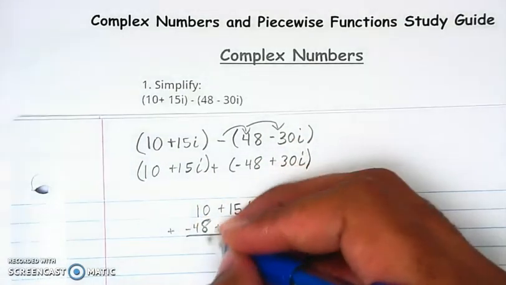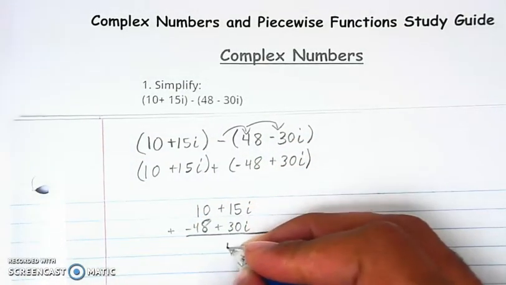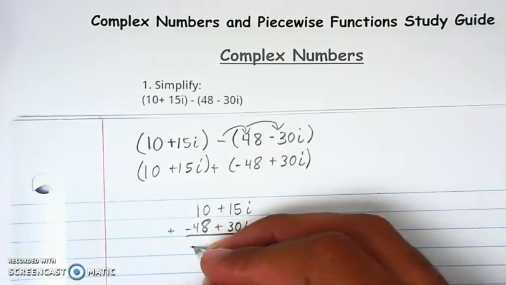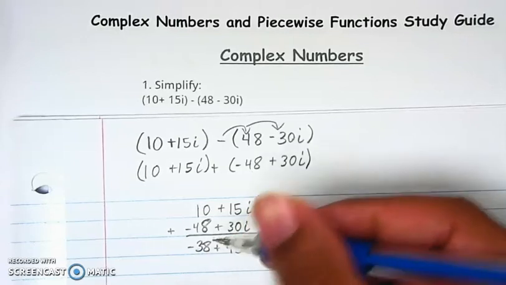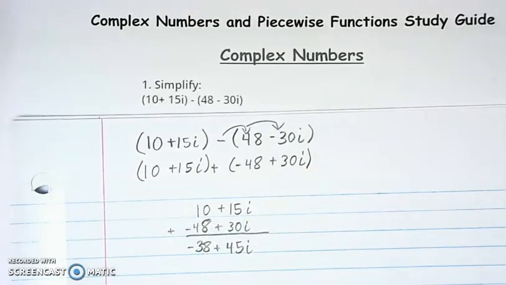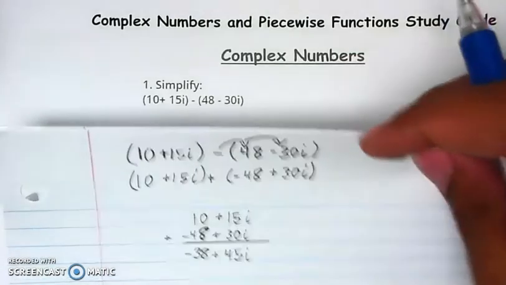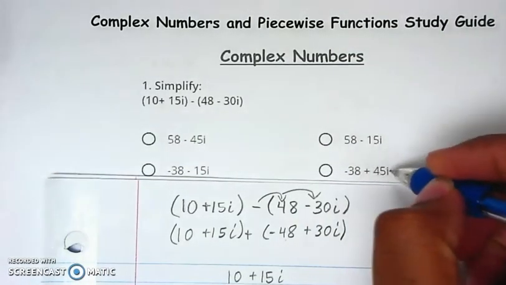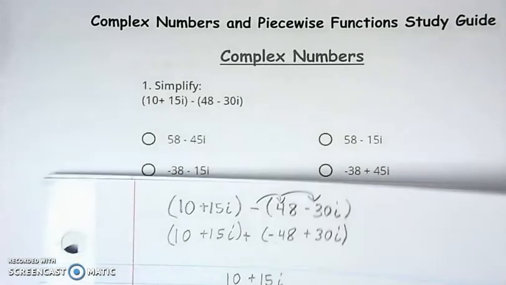We combine those. This gives us 45i, and then here that gives us a negative 38. If you were looking back at the answers that we had, that was that last one right there.